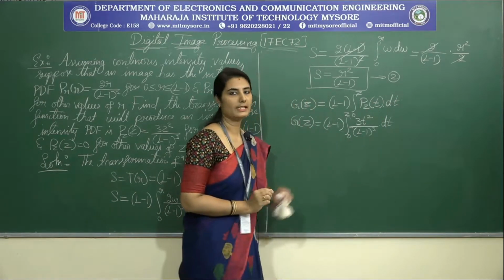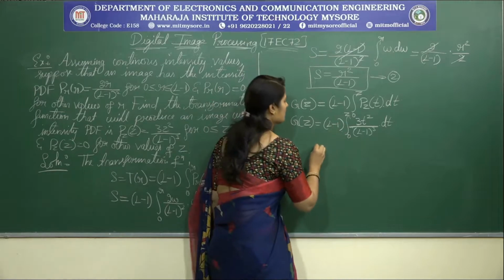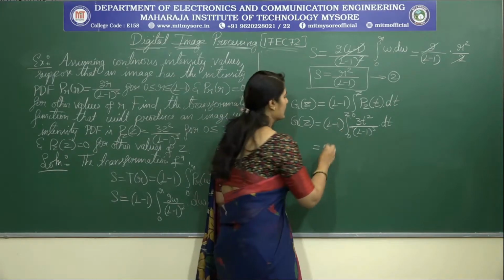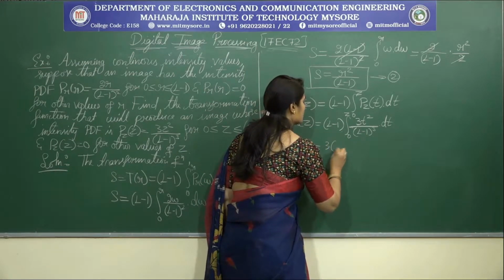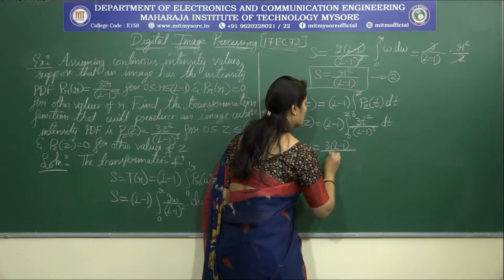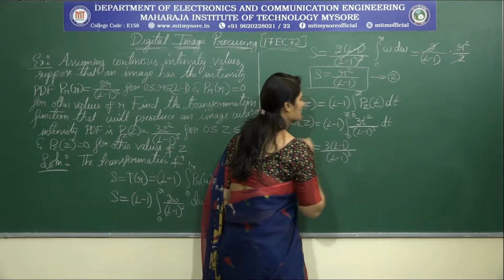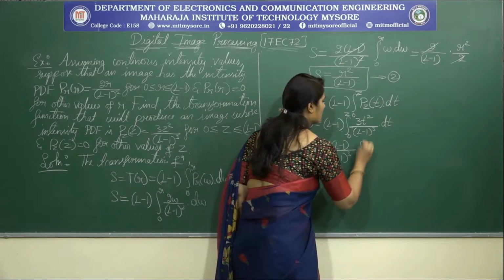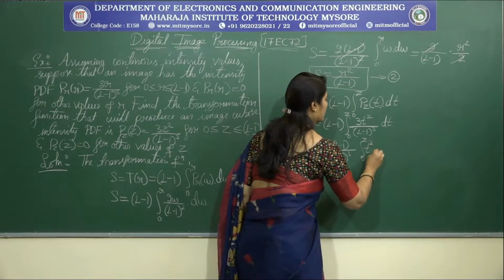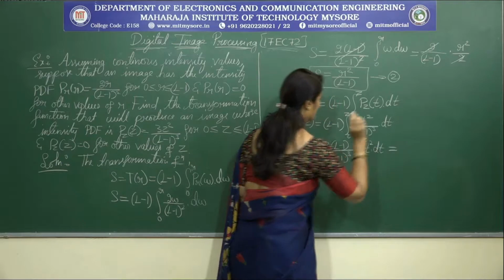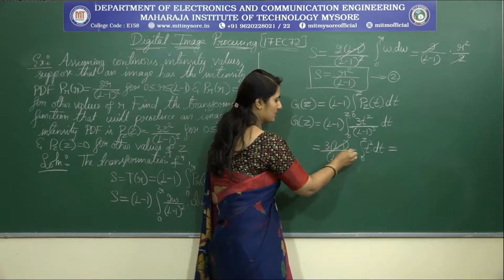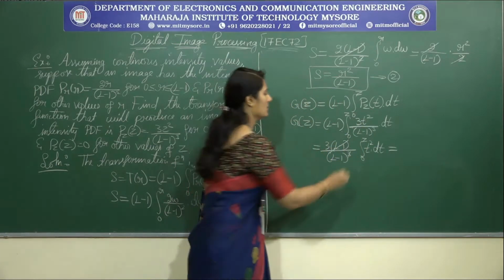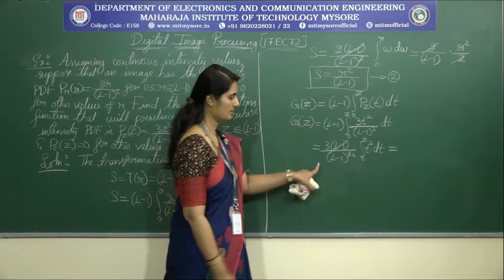Now further simplifying this expression, you have to take the constant terms outside the integration, which results in 3 into L minus 1 divided by L minus 1 whole cube integral of 0 to Z t square dt. Now this term cancels with this term, okay, and you will be left with square here.